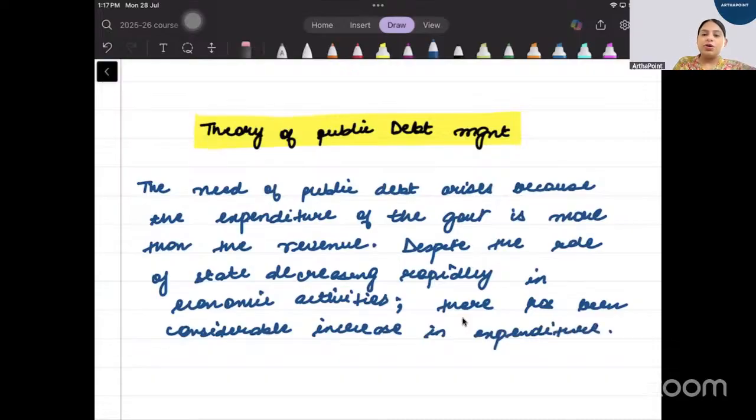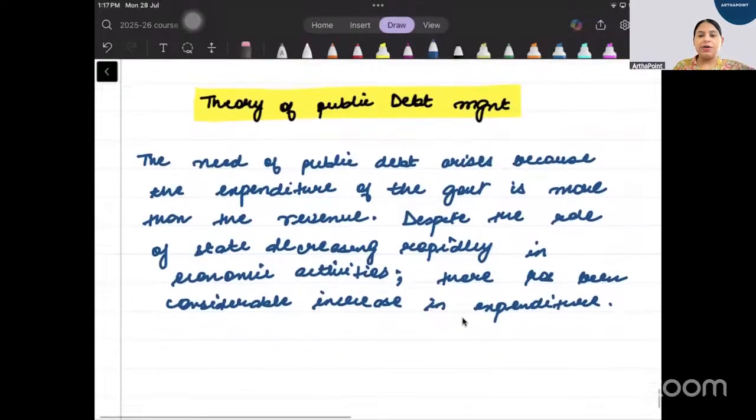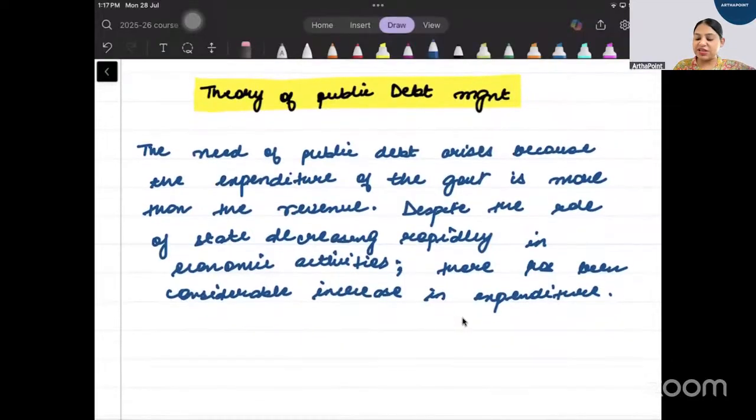Right? So we have seen that if I compare India now with the 1970s, the role of government in economic activities has reduced tremendously. Earlier, everything was under the public sector, right?